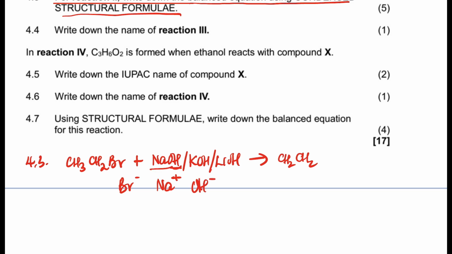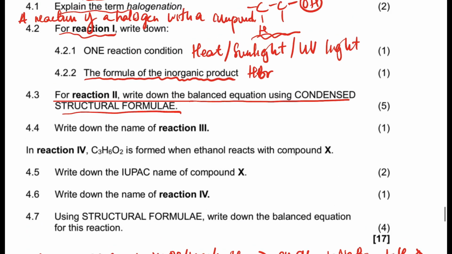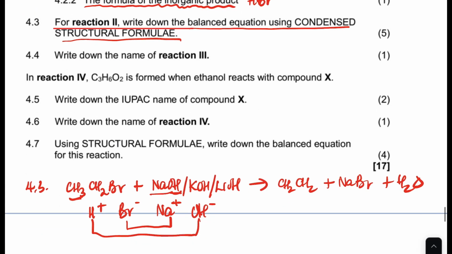Let's say we use that one, right? And there's a hydrogen that is removed, which is H plus. So what's going to happen here, guys? This and this will bond, so it will be sodium bromide, right? And then these two will form water. Guys, I hope I'm making sense there.